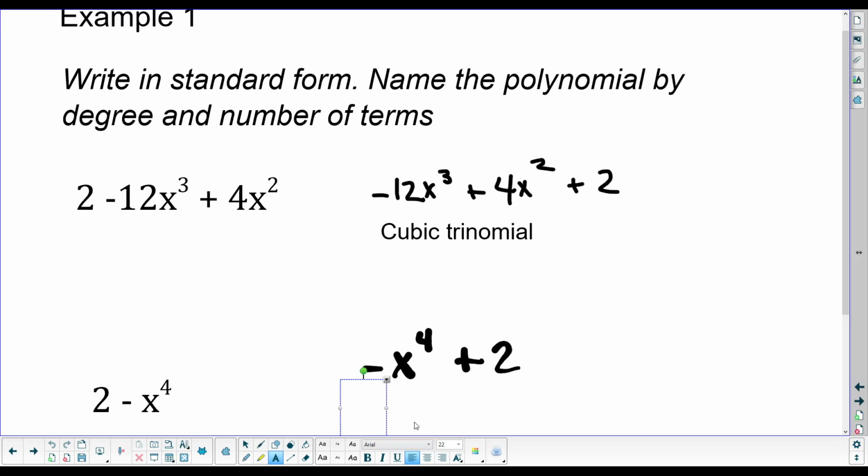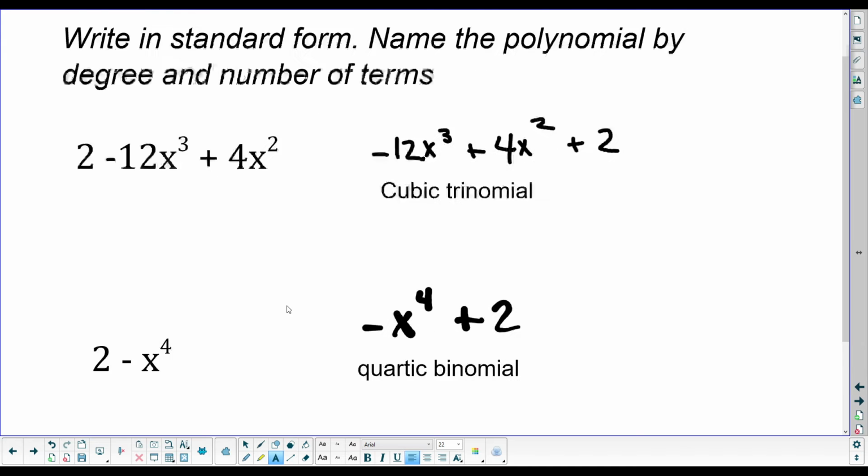And so we would say that this is a quartic, because it's 4th degree: quartic binomial. We were asked about the leading coefficient. The leading coefficient here would be negative 12. And for the quartic binomial, the leading coefficient would be negative 1. We don't write the 1, we just put that negative sign there, but negative 1 would be the leading coefficient.